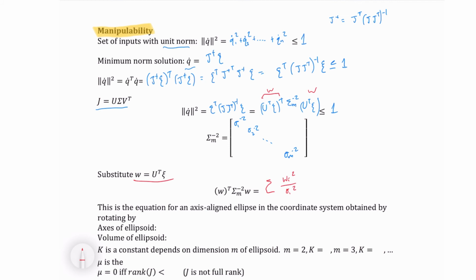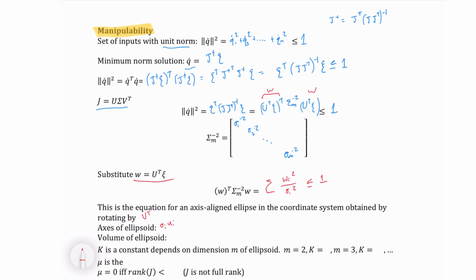And again, this entire summation has to be less than or equal to 1. So what we have here is an equation for an axis-aligned ellipse in a different coordinate system. This coordinate system is obtained by rotating by U transpose, and the axes of my ellipsoid are going to be sigma i times my ui value.